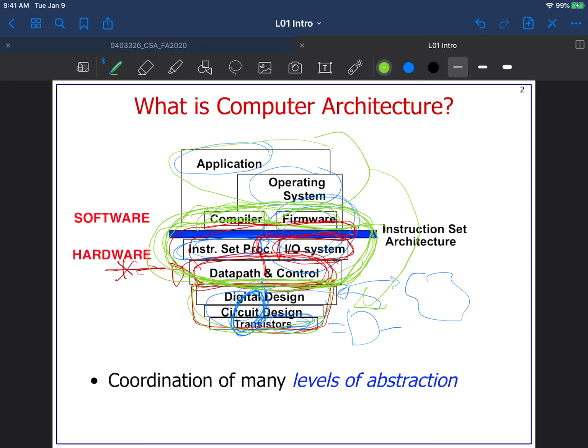Sometimes we are going to go into the software and the assembly instructions. Sometimes we are going to talk about C code and how it translates into assembly for a specific hardware.